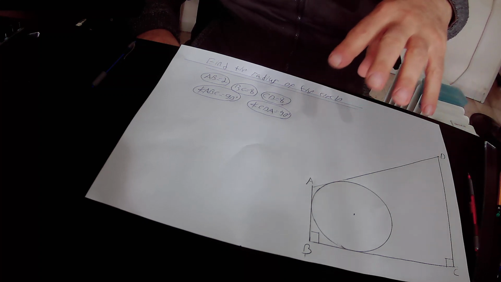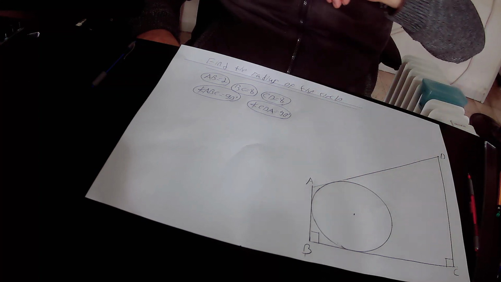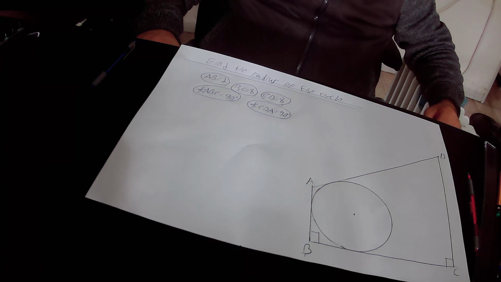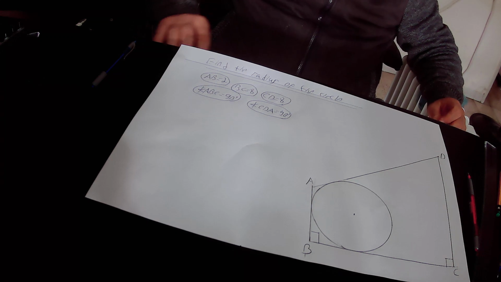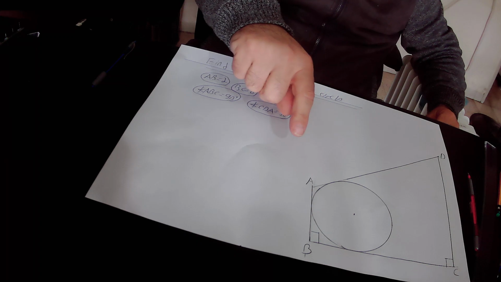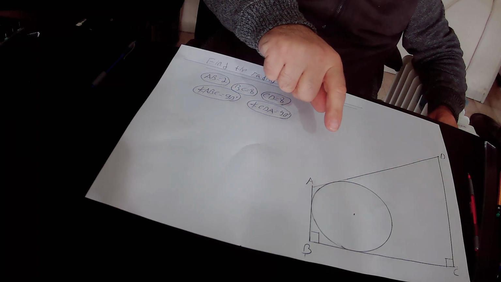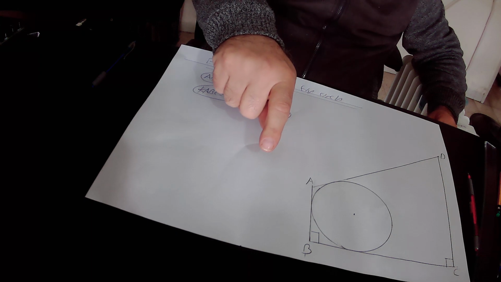Again, our mission is to find the area of this circle. So, first of all, we'll do a construction. That is to say, we will extend side DA and side CB of this quadrilateral until they touch each other.